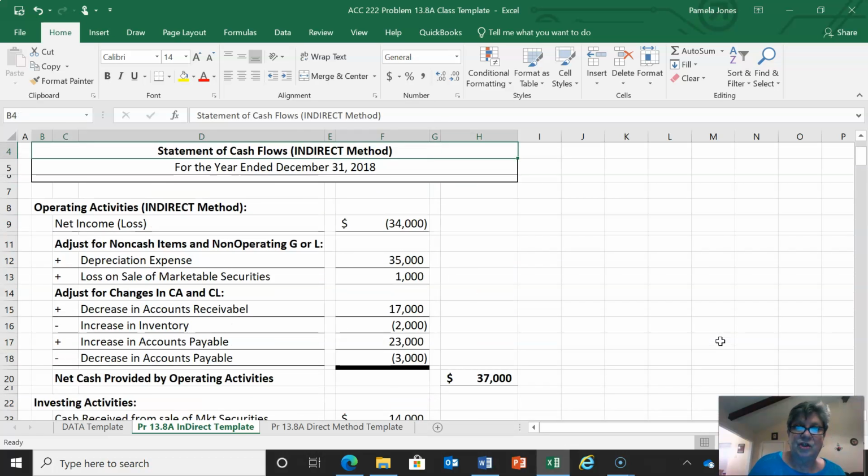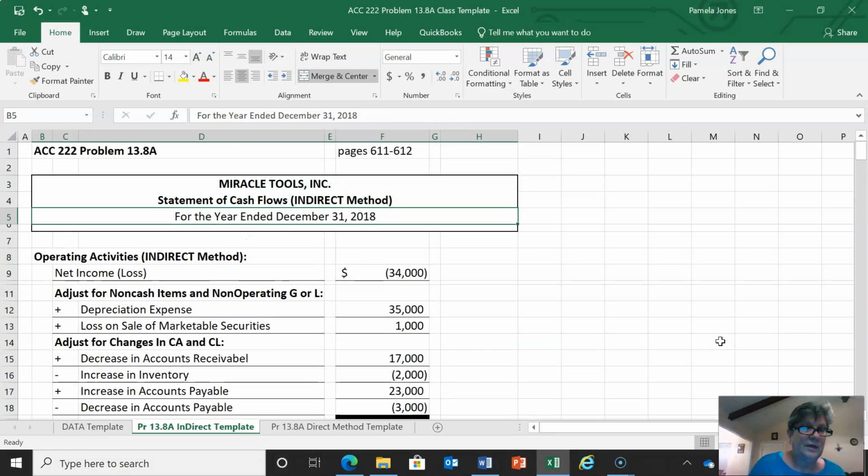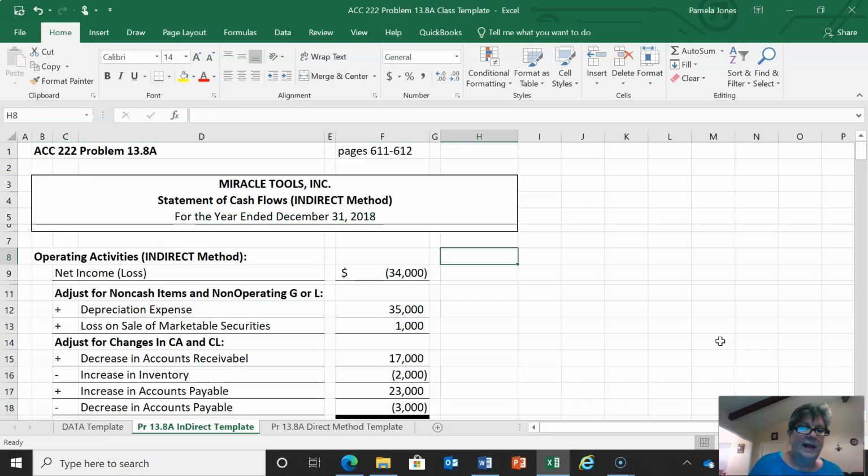So again, the sections, of course the heading, for a period of time, because we're explaining how cash changed from the beginning to the end of the period. Operating activities section, cash transactions related to generating profit is what this section shows us. Our day-to-day operating activities. Under the indirect method, we start with net income. We adjust for any non-cash items, whether they be expenses, as was the case for us, or non-cash revenues.